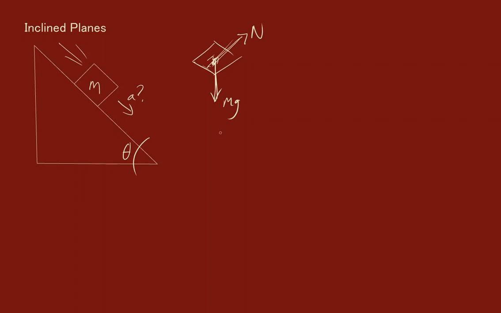And in order to get the acceleration, here is my tip. Always make the acceleration positive, and in this case, make it one of your axes for your coordinate system. So we might have been used to a coordinate system that looks like this. But we could just rotate these axes so that the y is perpendicular to the plane.